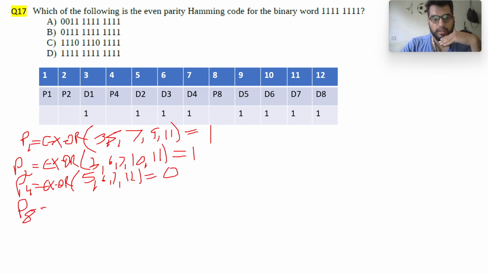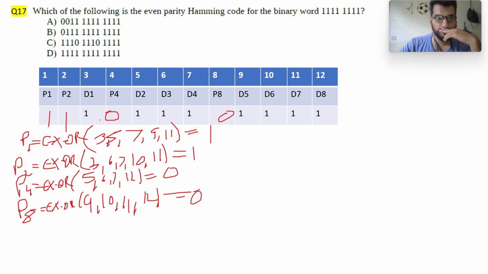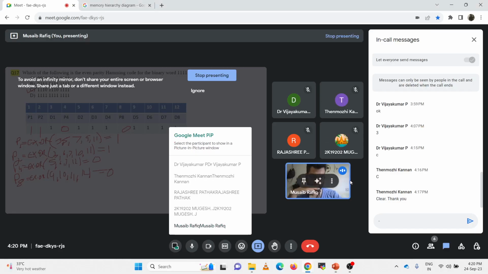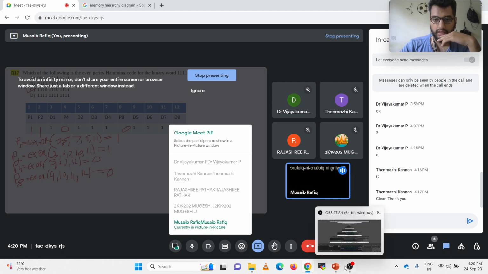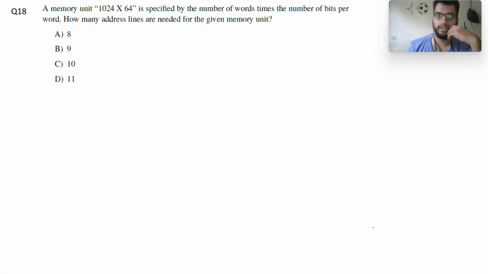And P8 is 9, 10, 11, 12. That is 0. So my final code will be 1, 1, 1, 0, 1, 1, 1, 0, 1, 1, 1, 1. So option C, as you guys have done it.